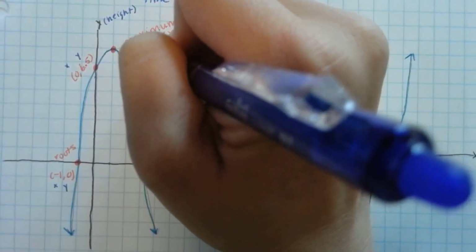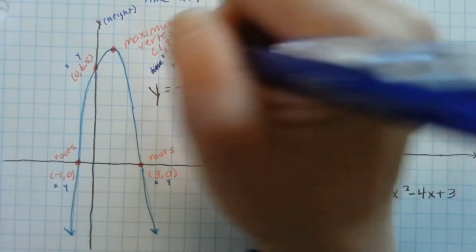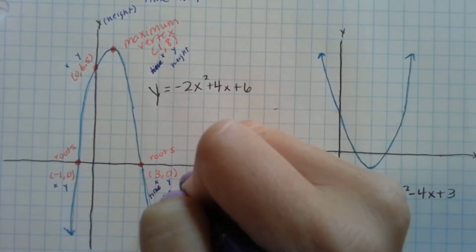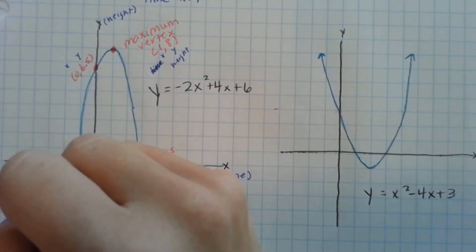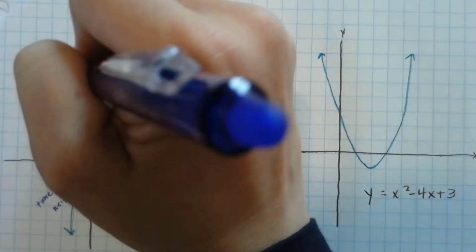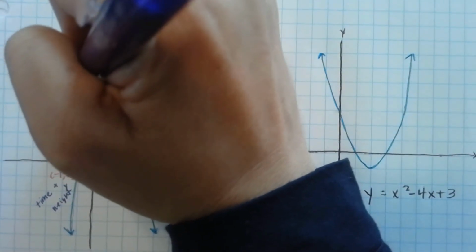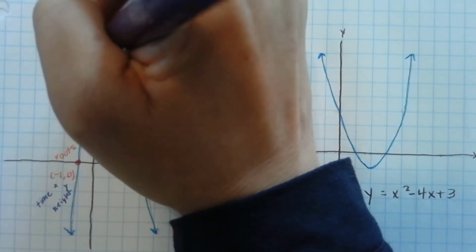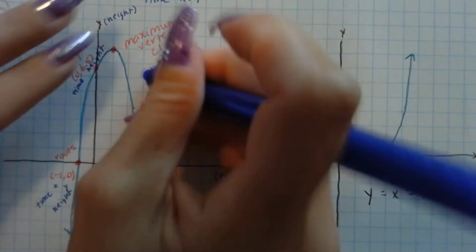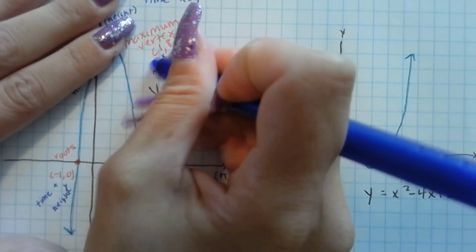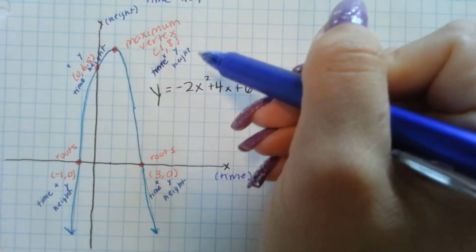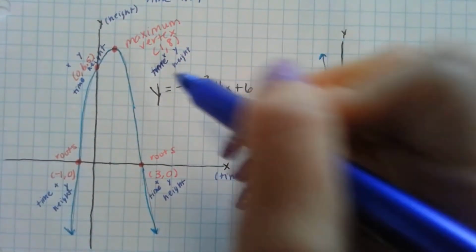X is time, y is height. I'm going to fix this, sorry, just so we know that x is time and y is height. I want to make that more readable.